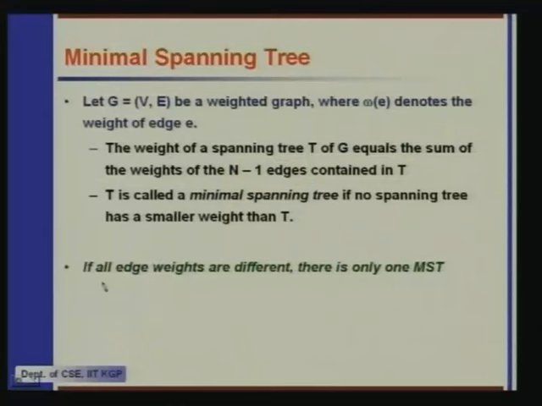Okay. Now, can you establish that if all edge weights are different, there is only one MST? How? Minimum spanning tree with any other edge which is not in the tree, the weight of the tree will be different and greater than... Yeah, so you can give the proof like this: let us go by contradiction.